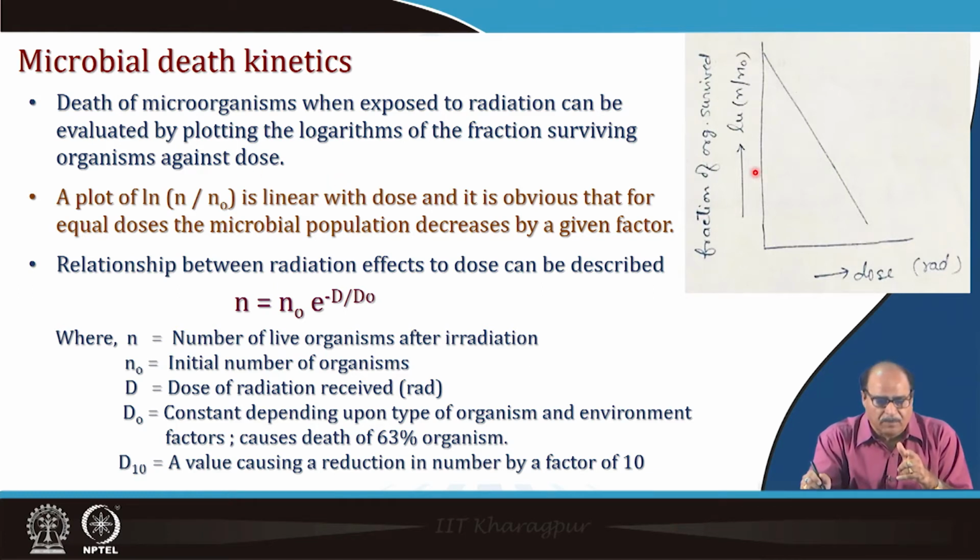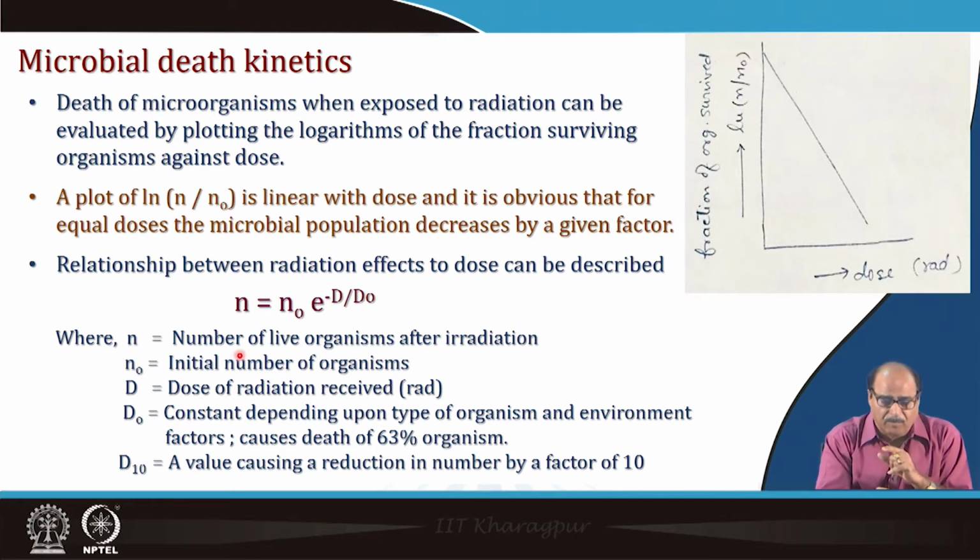And you see here in the plot, a plot of ln n0 by n is linear with dose of radiation, and it is obvious that equal doses decrease the microbial population by a given factor. The kinetic model for this radiation inactivation of microorganisms is N = N0 e^(-D/D0).